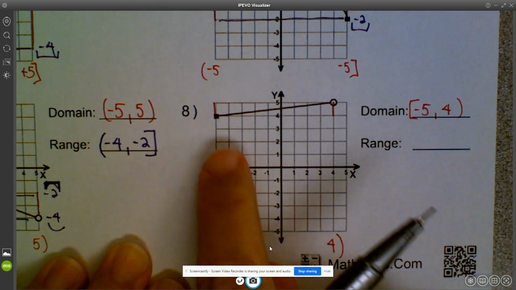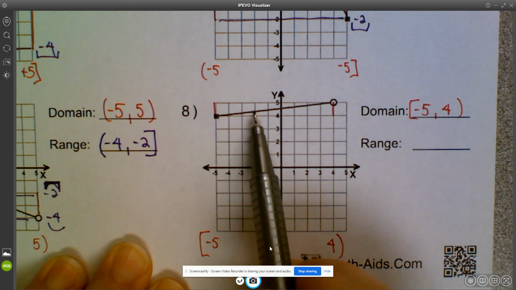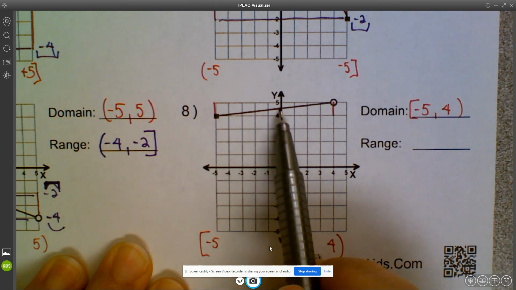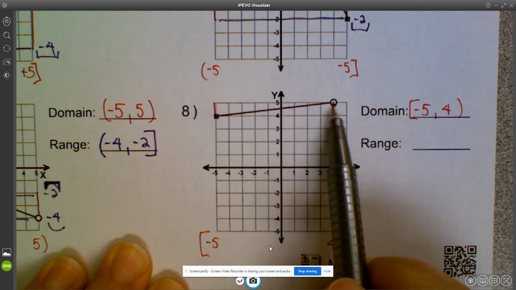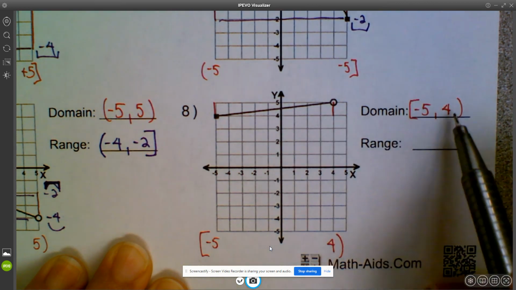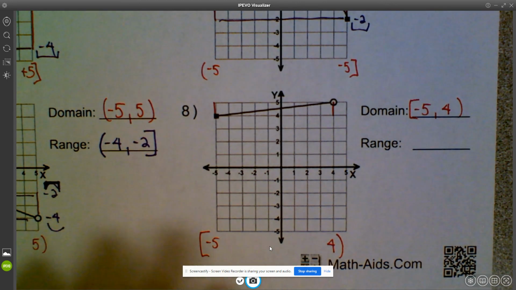X's go from -5. Here, x is -4, x is -3, x is -2, x is -1, x is 0, x is 1, x is 2, x is 3, x is almost 4. So that's why we have a parenthesis. I had to do that in one of these, y'all, just to kind of spell out every possibility, because we also have the points in between.